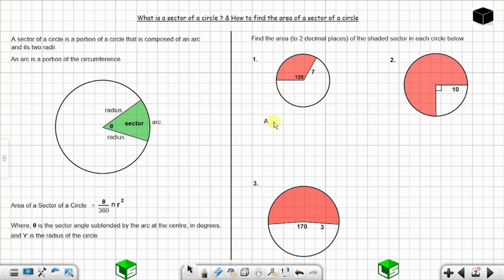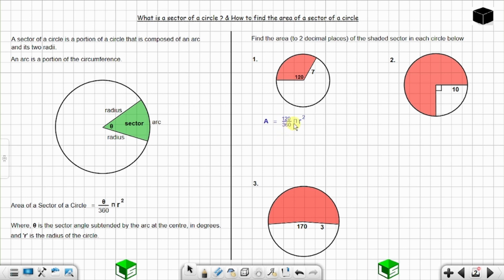The area is equal to, you always want to start with the area of the entire circle, so you have pi times r squared. Remember to multiply by theta over 360. In this example, theta is 120, so you are going to have 120 over 360.